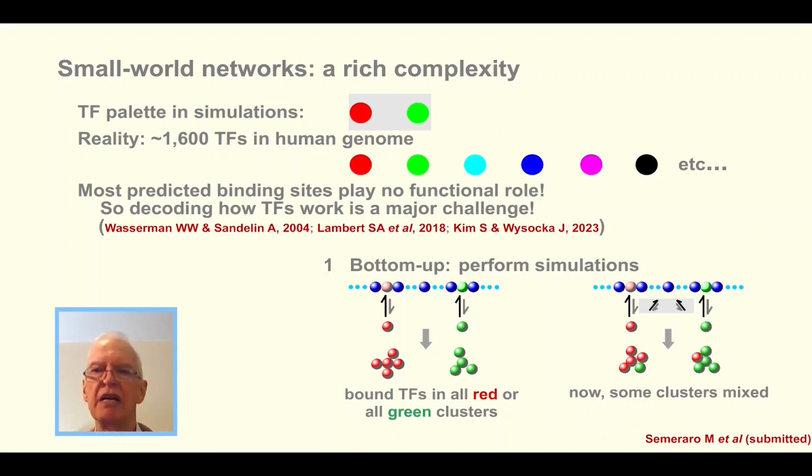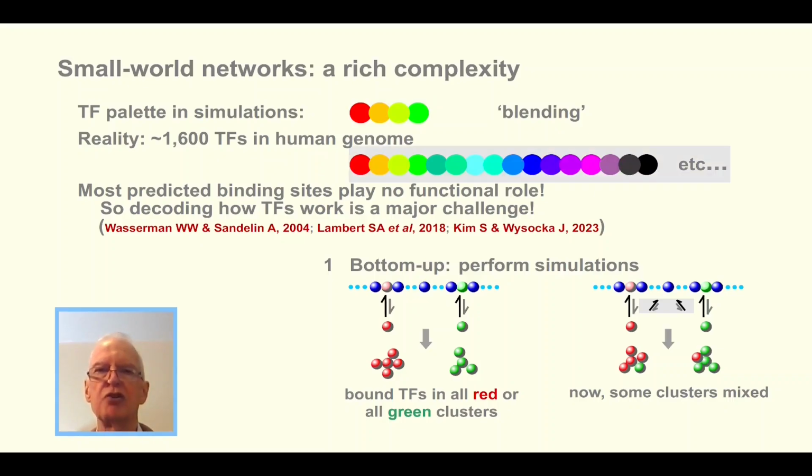And then we find that some clusters are now mixed. And there's a huge range and variety that depends upon the precise numbers and relative affinities. So I'm going to describe this as a blending between the 2 colors.